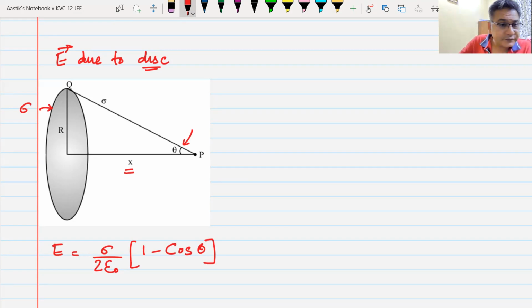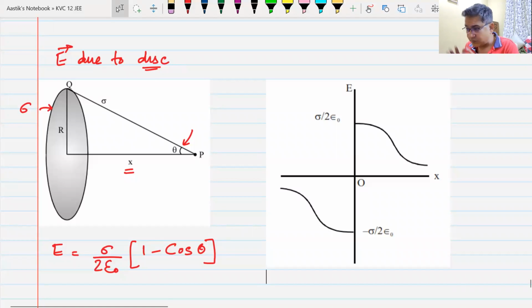Graph. See, I'm giving you every single thing that they can ever ask in any exam. This is how the graph looks. So if they give you a graph in the exam, don't get bamboozled because you already know the graph. They are not going to ask you to draw the graph. They'll give you 4 or 5 graphs, and you have to work out where this is, where that is.